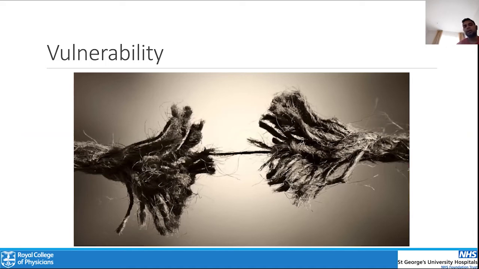Also, sometimes the analogy of vulnerability and those types of terms are used.